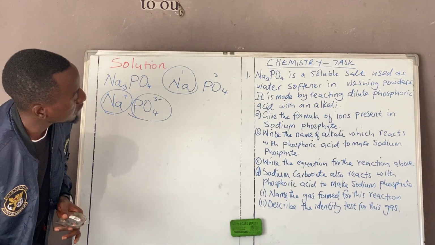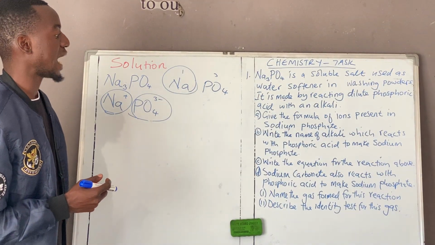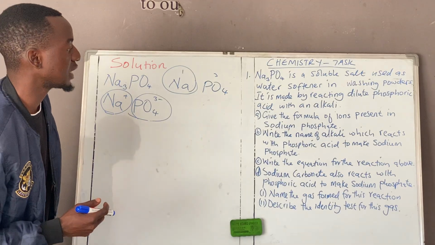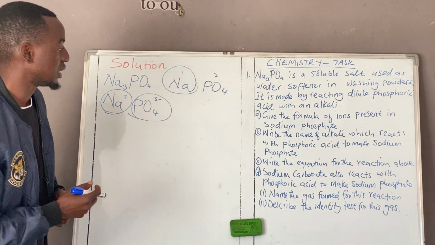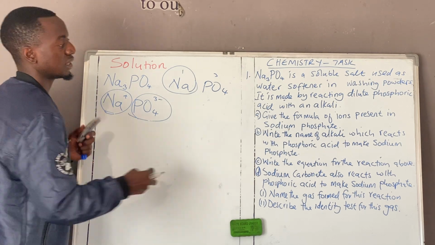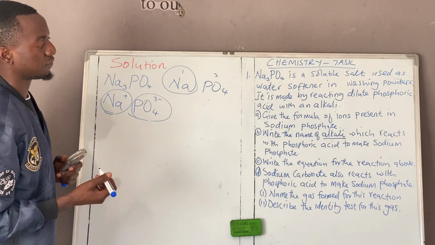The next one says, write the name of the alkali which reacts with phosphoric acid to make sodium phosphate. So here you're supposed to write the name of the alkaline which reacts with the phosphoric acid.